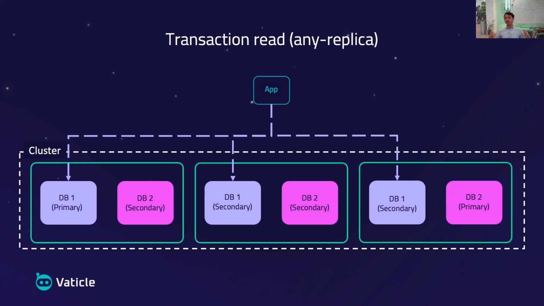These kinds of queries are expensive, but at the same time, they can tolerate some staleness in the data. It's probably fine for you to miss data that was added 3 minutes ago, or even 2 seconds ago, because the latency won't be 3 minutes. It's going to be a matter of milliseconds or seconds, right? It's probably okay to not see the latest data that was inserted half a second ago. And in this case, you definitely want to go with the read any replica option.